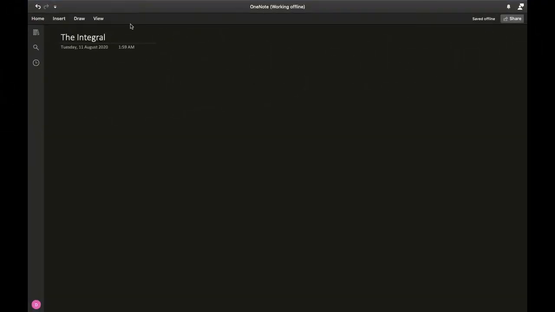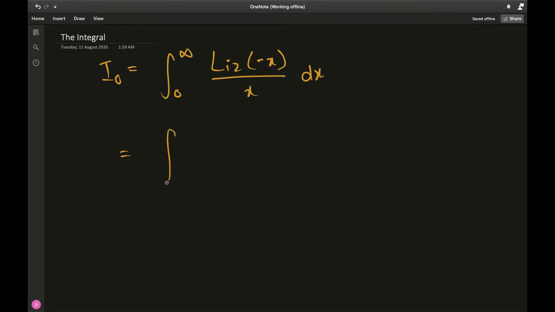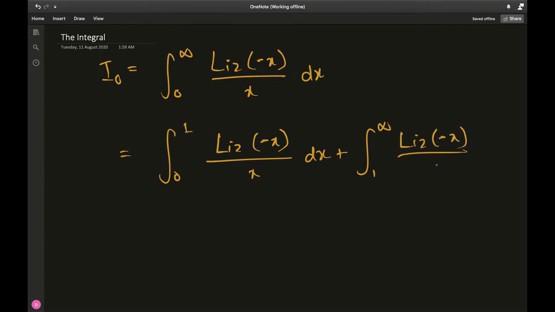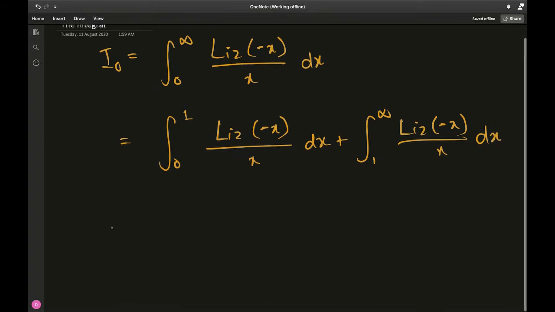So as we discussed, I naught just turned out to be integral from 0 to infinity of the dilogarithm of negative x divided by x dx. Now since this dilogarithm behaves badly at infinity, I'm gonna split this up: integral from 0 to 1 of the dilogarithm of negative x over x dx plus integral from 1 to infinity of the dilogarithm of negative x over x dx.